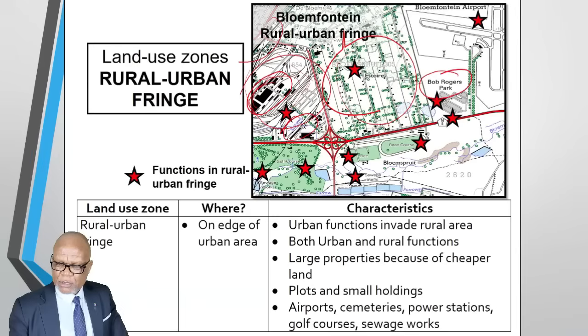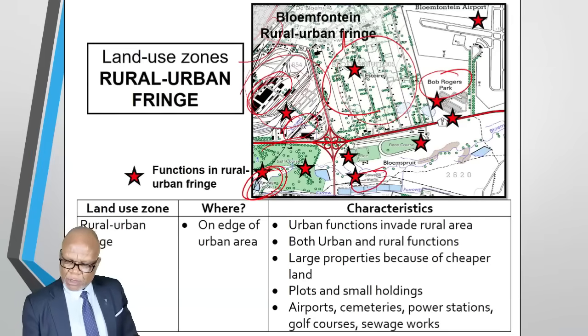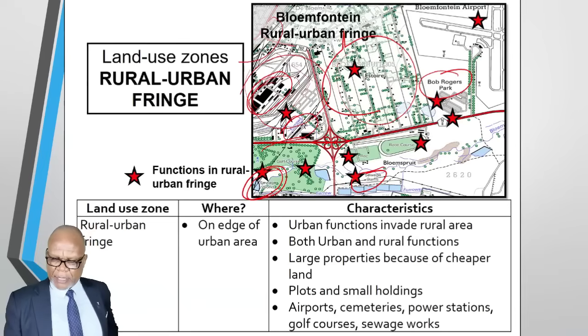Also, you can see there's Bob Rogers Park there. You can see there's a park there. So this is where you will also find your sewage works. You see there's a sewage work outside the CBD before the rural. So that area is called a rural urban fringe.